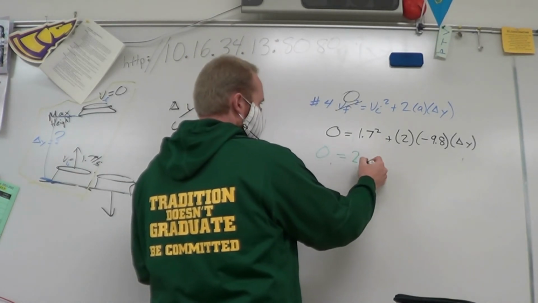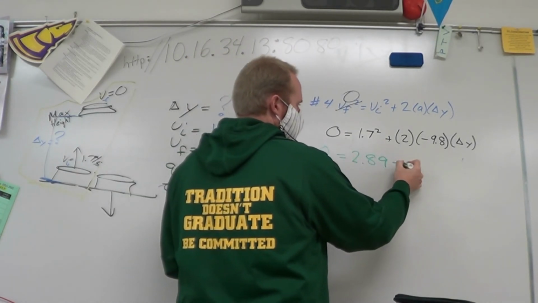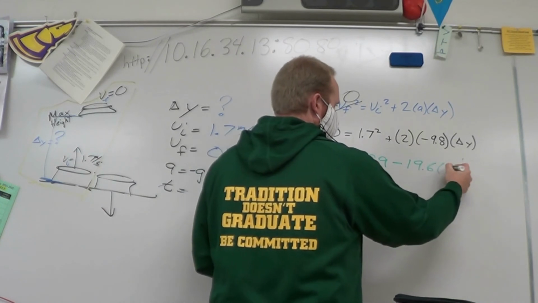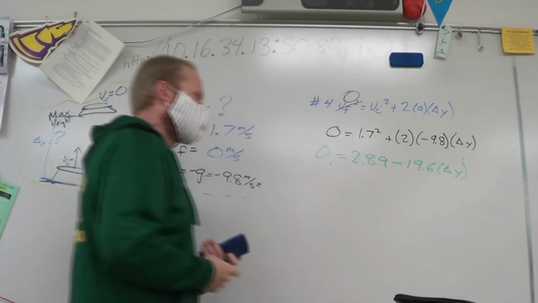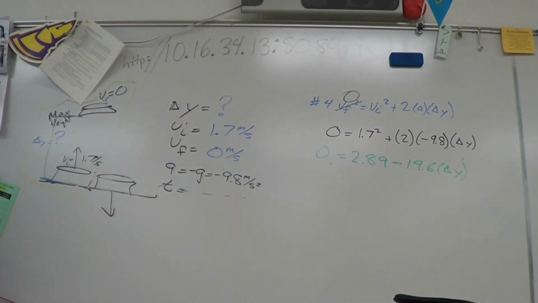Zero is equal to 2.89 minus 19.6 times delta y. Algebraically, what do we want to do to get that delta y by itself?